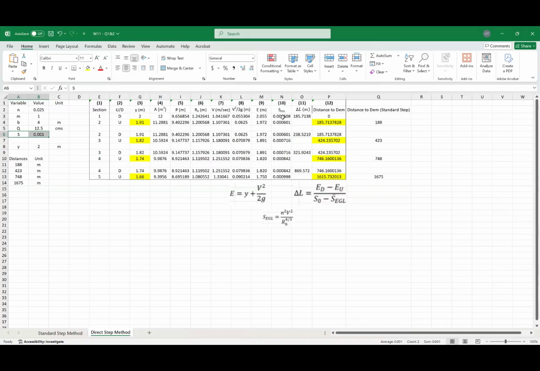So it will be the average of these two slopes. And this equation is going to give 185.7 meters. So we can actually say that this is 186 meters.